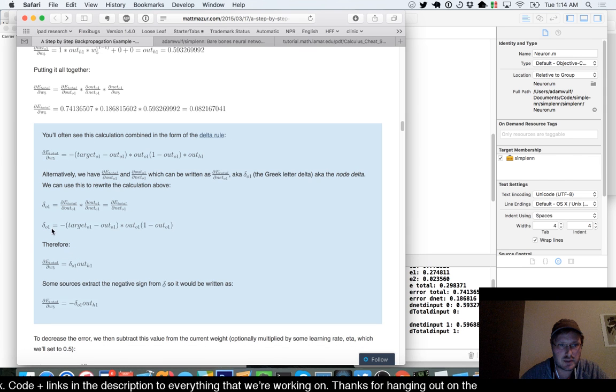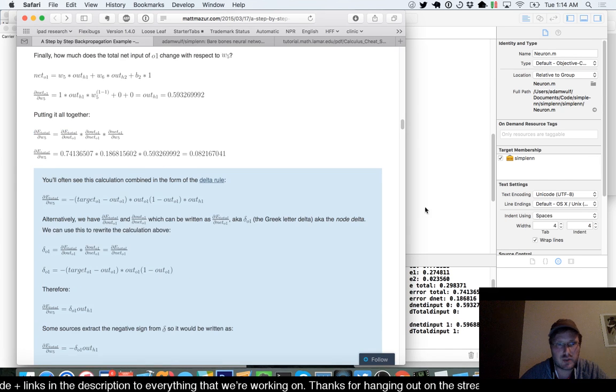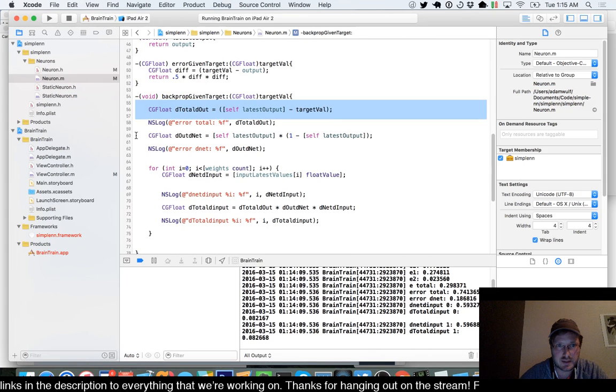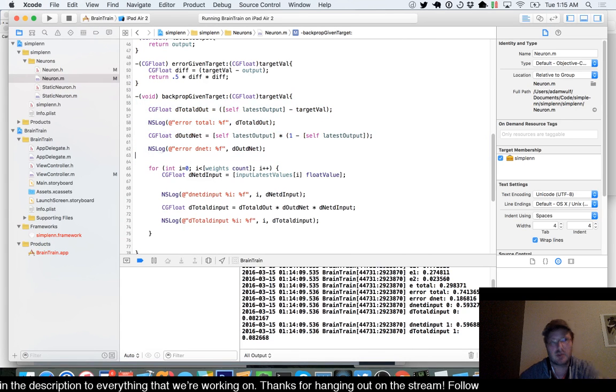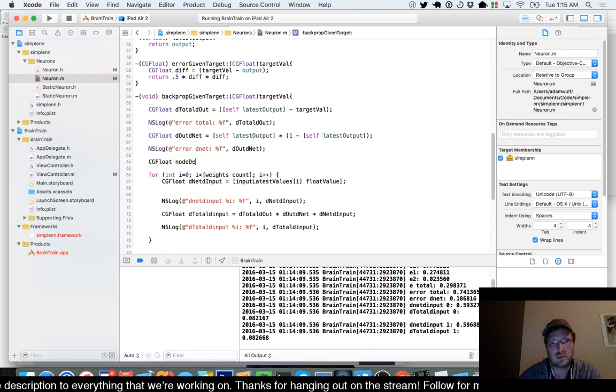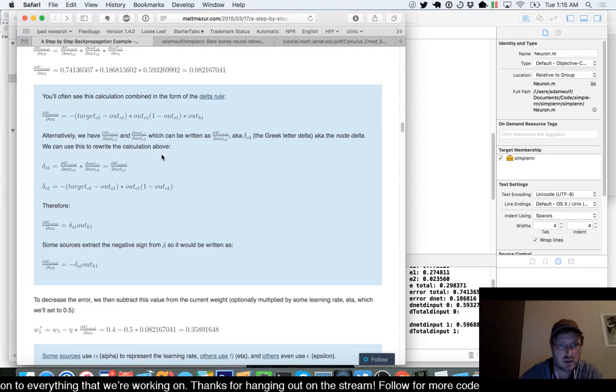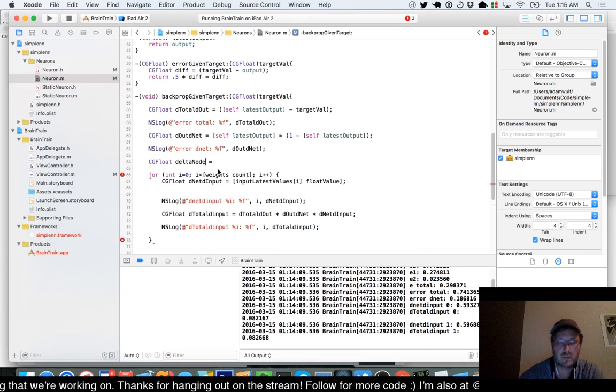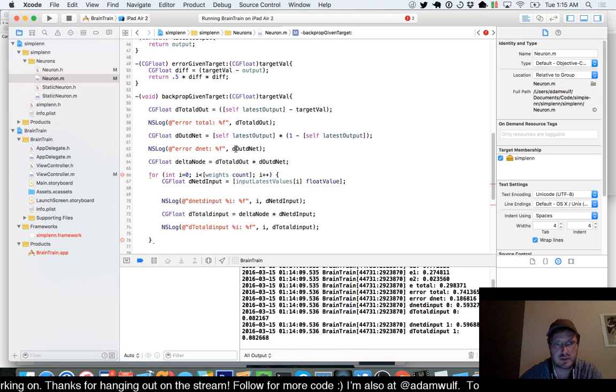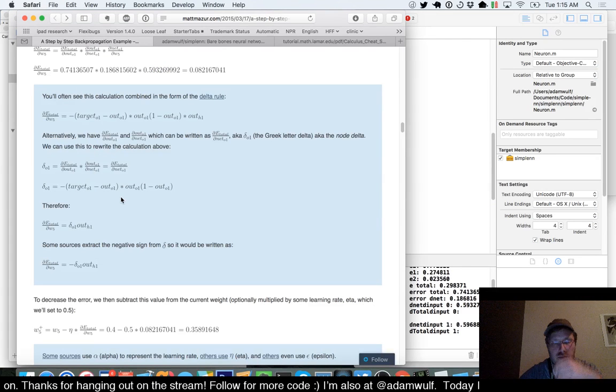Yeah, that makes sense. That makes a lot of sense. Because it's basically saying this little blue box, since these two terms are the same, right? Node delta, rather delta node, I think is the way that would be said. Is equal to those first two right here, right? And that's just a convenience for paper writing, whatever.